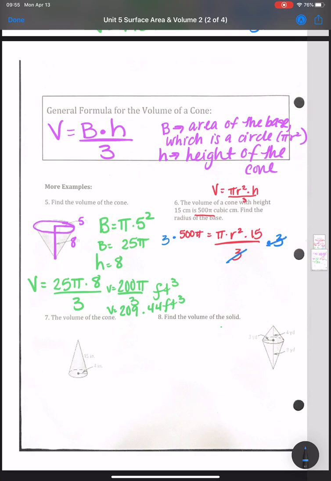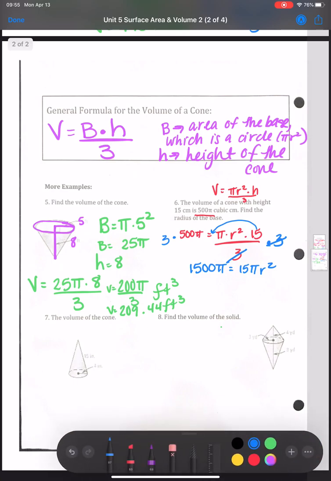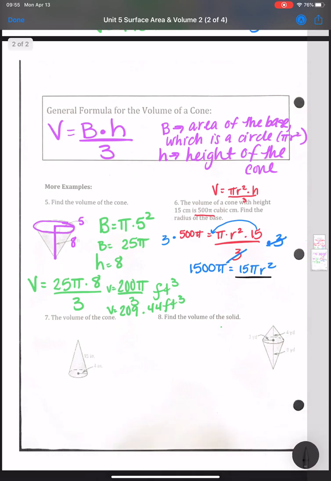That will cancel those out, and I'll have 1500 pi is 15 pi r squared. I just put the 15 back here in front so that I could have the r squared on one side by itself. So I want r squared by itself, so let's divide both sides by 15 pi.